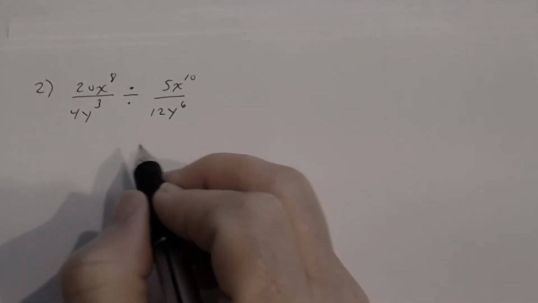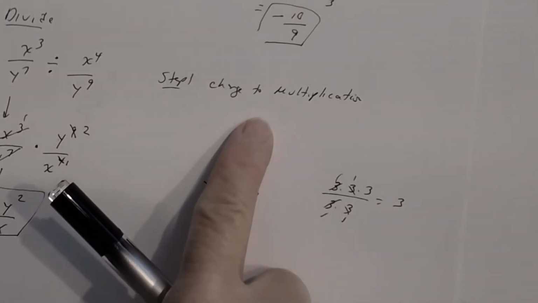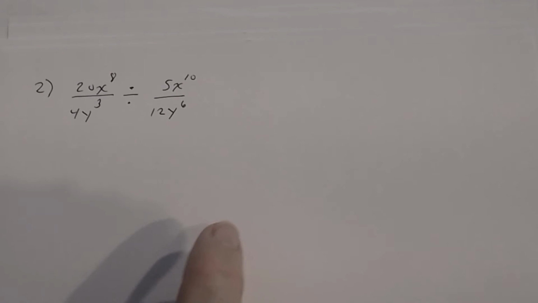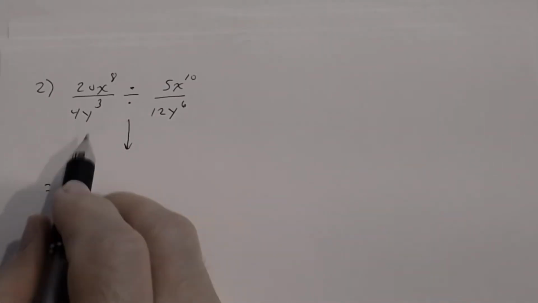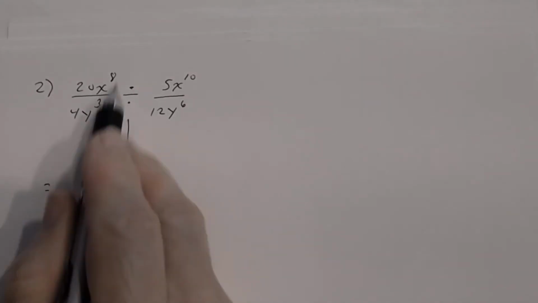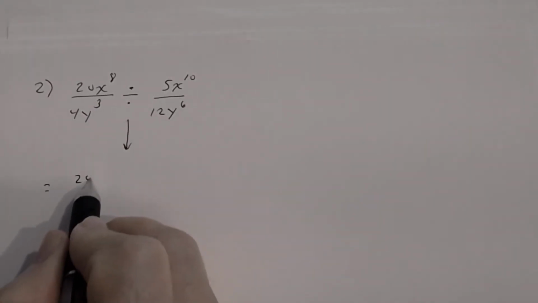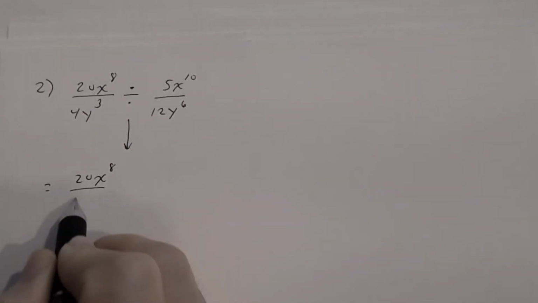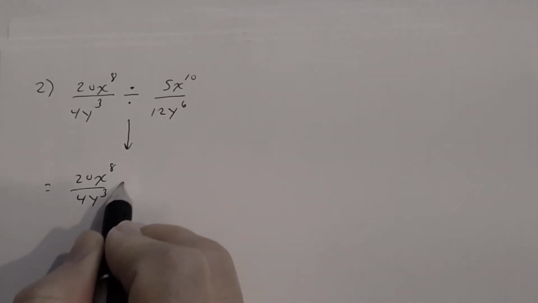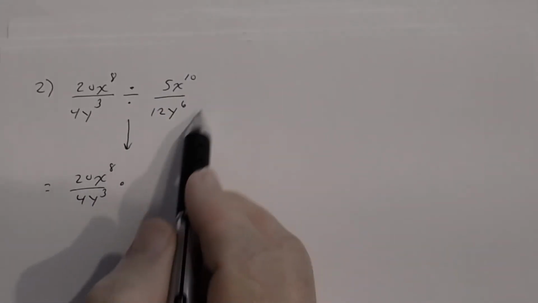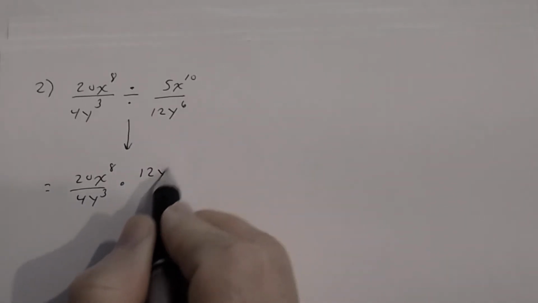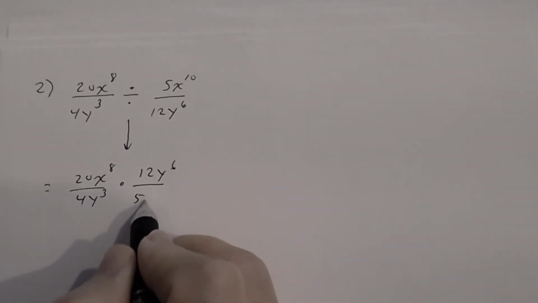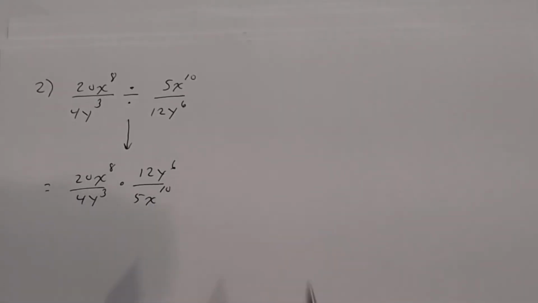Always remember, when you have a division problem, step 1 is to change this to a multiplication problem. So this becomes, notice the equal sign, you're going to keep the first rational expression as it is, and then you're going to change that to multiplication. So remember, always multiply by the reciprocal. The reciprocal of this is 12y to the 6th divided by 5x to the 10th. And then you go from there.